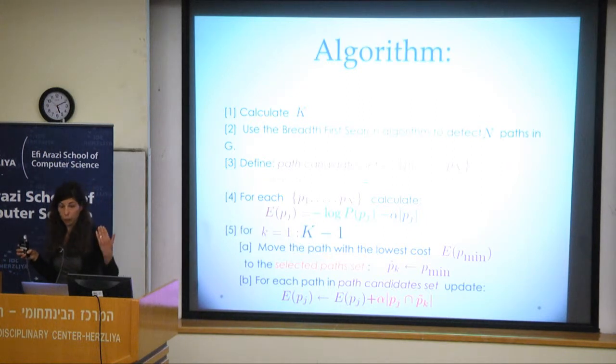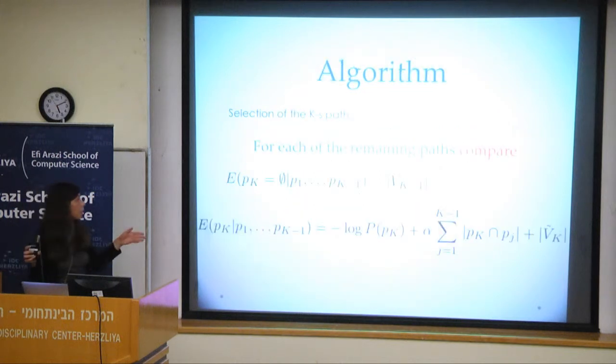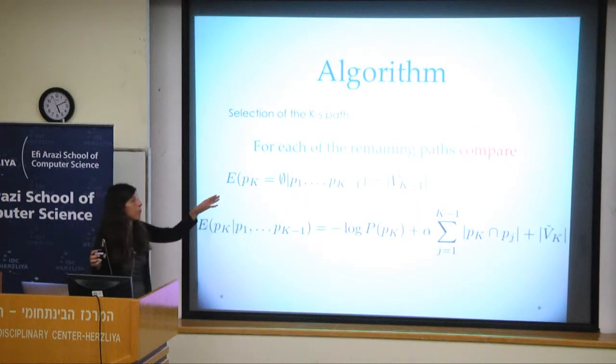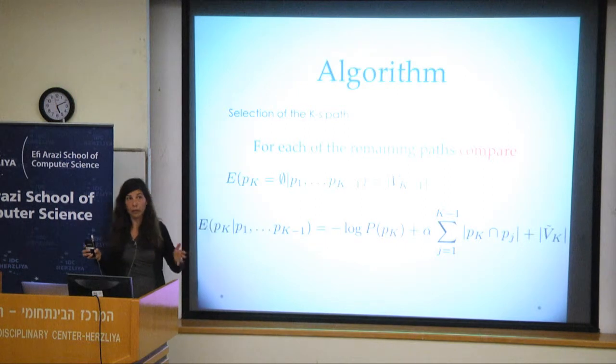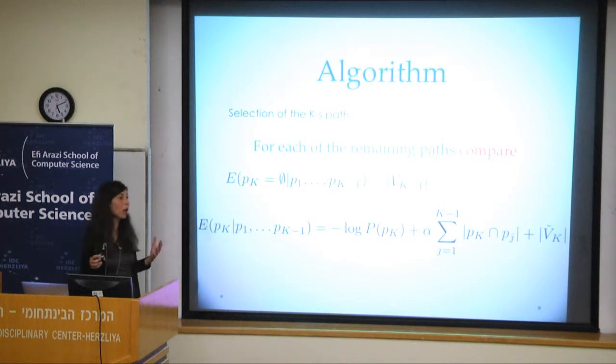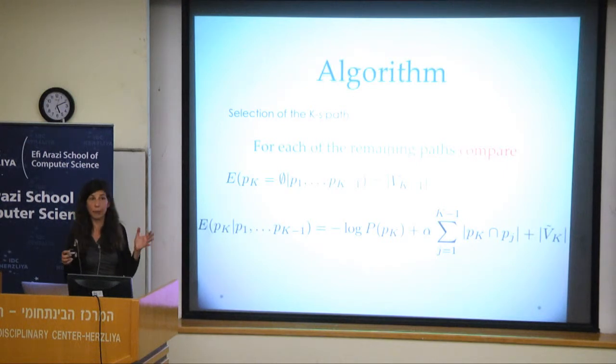And we go on and on until, for example, we have already selected k minus 1 paths. Now, k is just an estimate. So we want to know if we need to stop here and say, okay, there are k minus 1 worms in the cluster, or we should go on and add more paths. So we compare 2 costs.